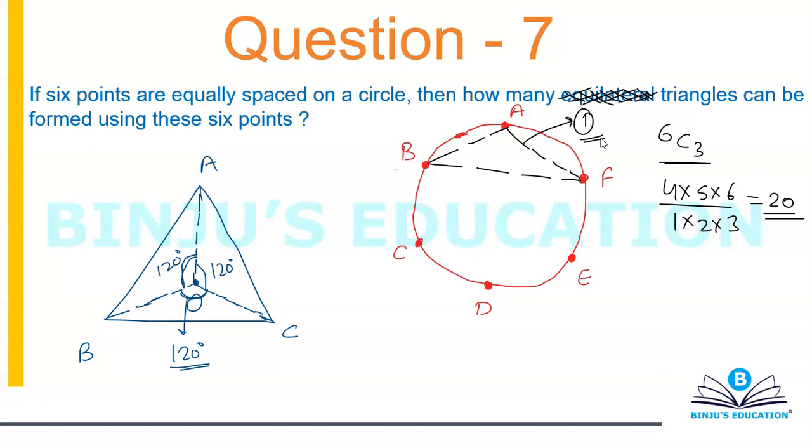But when you say 6P3, whether I say ABF, BAF, FAB, or AFB, you are counting all these triangles as different.